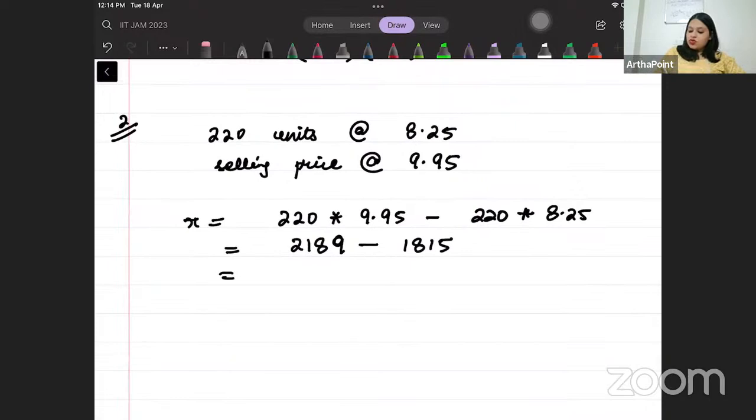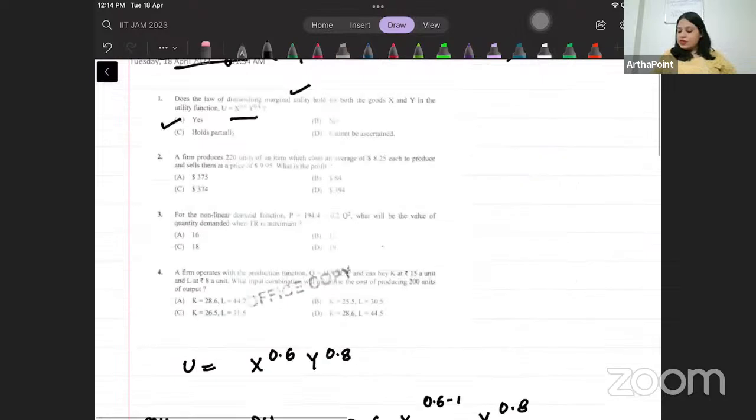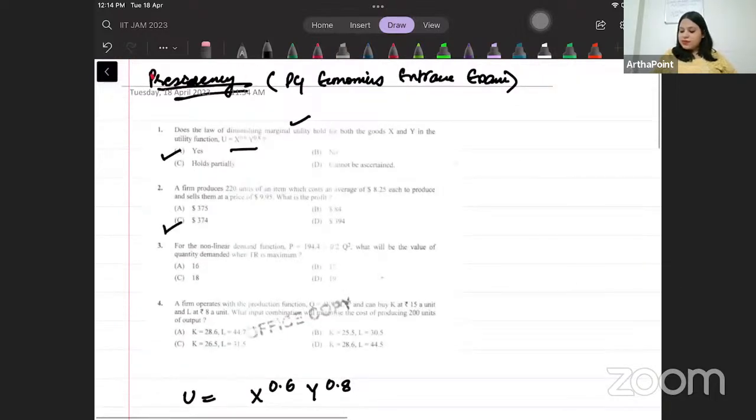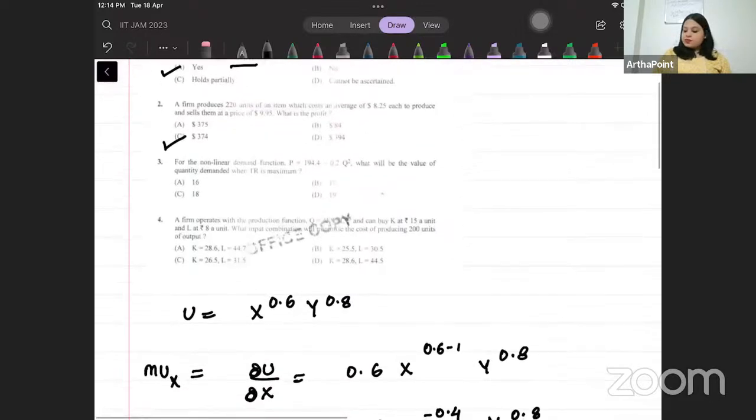So 2189 minus 1815 will be 374. So the profit that we will have in this case will be 374. Come to the next question.